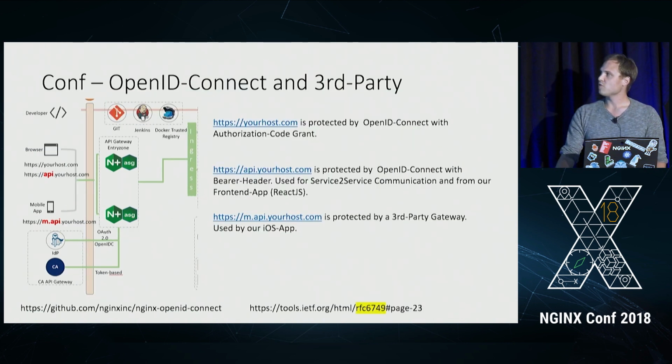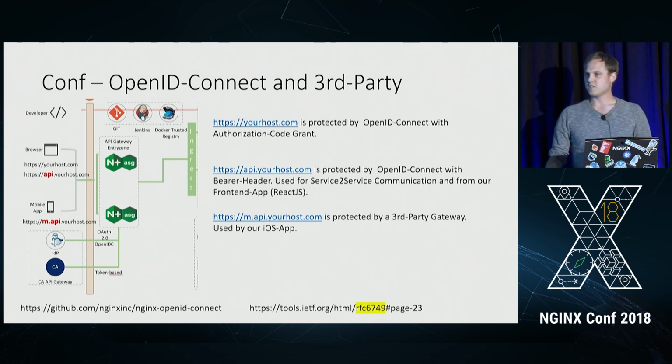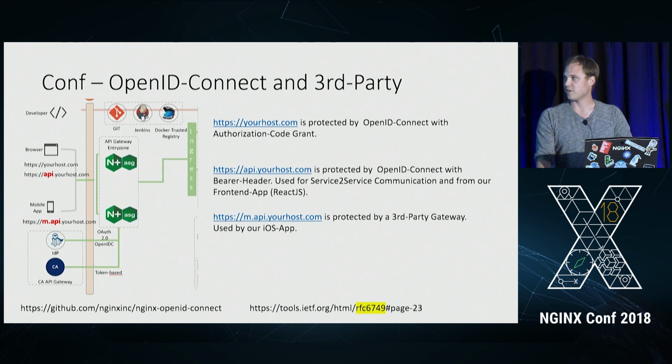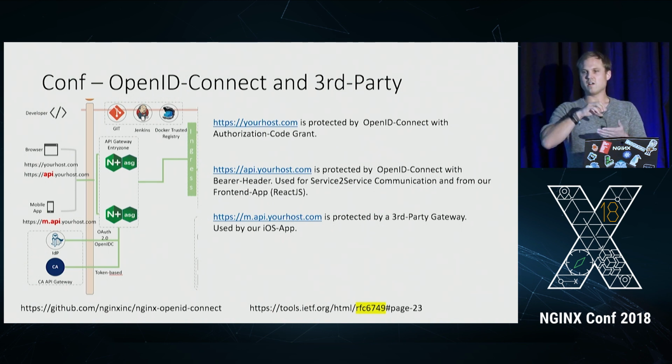First of all, we are doing a deep dive into the different host names I provided here and what the configuration on NGINX is. First you have https://yourhost.com, which is the main front-end application. The front-end is built on React.js and is hosted inside Kubernetes as a pod, as are all the other microservices.